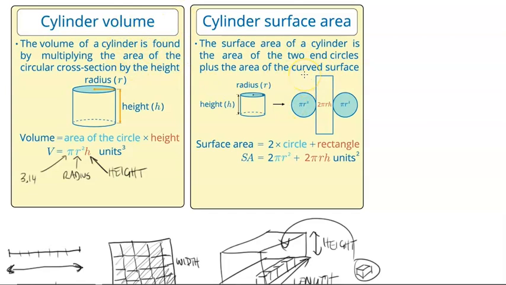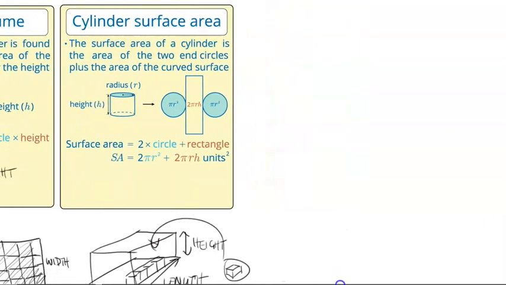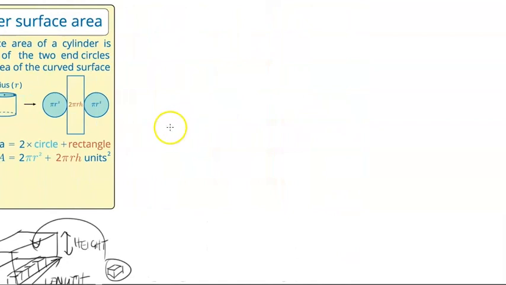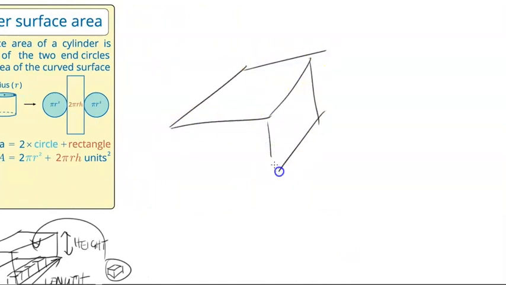The other formula we'll be looking at is surface area. Now surface area is taking a 3D shape, and again I'll show you an example. Say for instance I have this shockingly drawn shoebox again, and we know this rectangular prism is made up of 6 sides: front, back, 2 sides, and the top and the bottom.